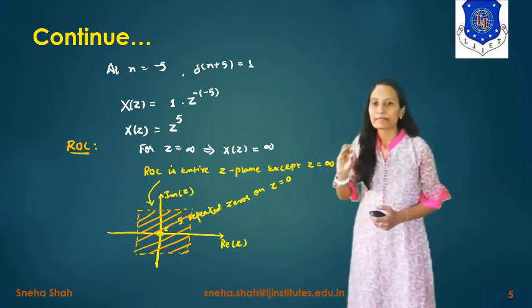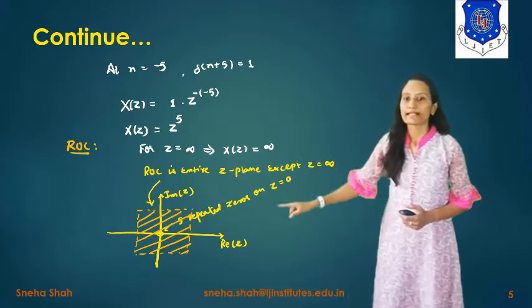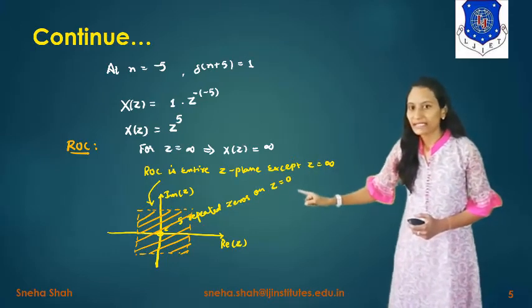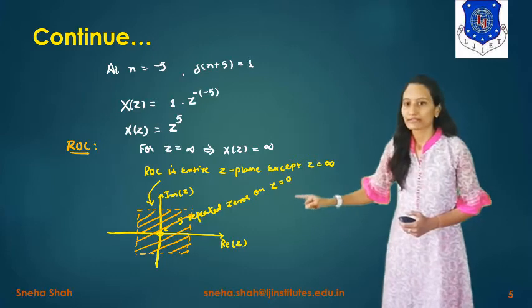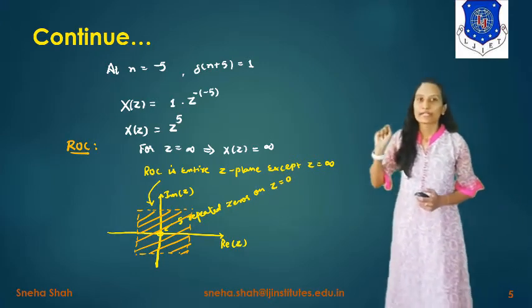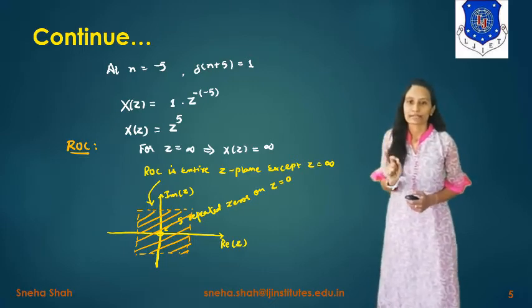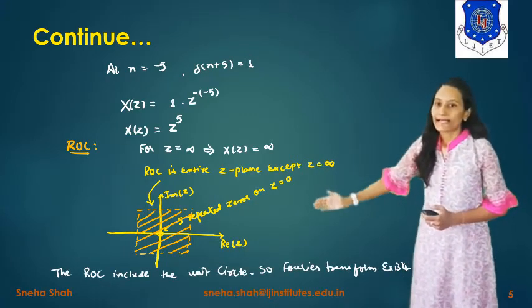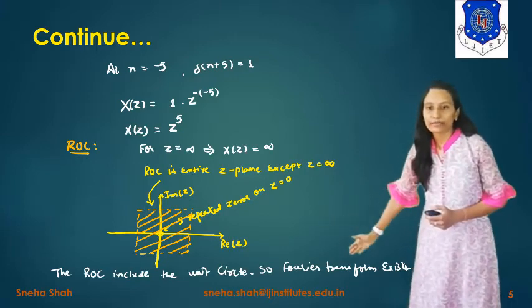And z raised to 5 means there will be 5 zeros at z equals 0. So we can say 5 repeated zeros at z equals 0. We have drawn at z equals 0 a circle, which represents zeros. Okay.